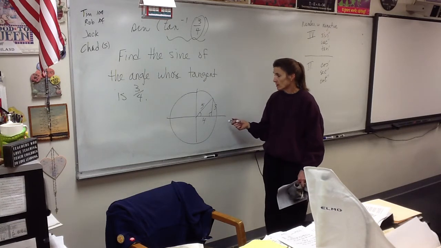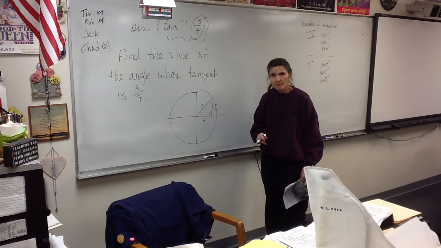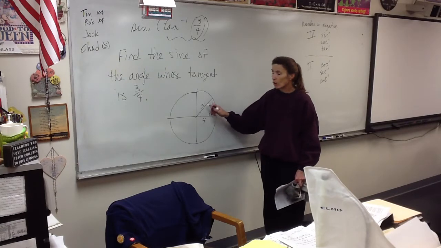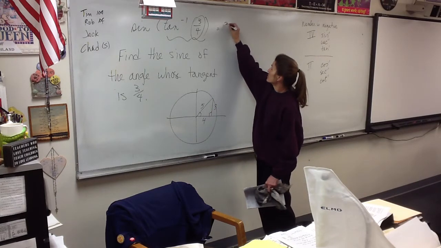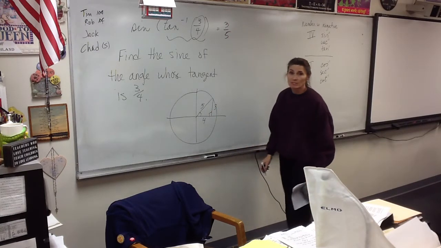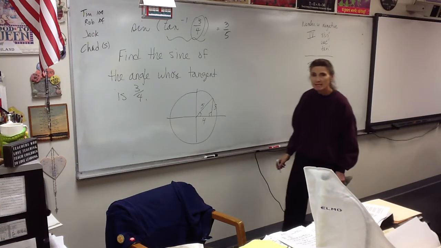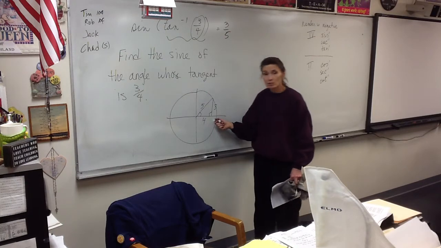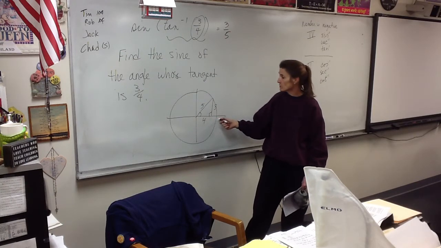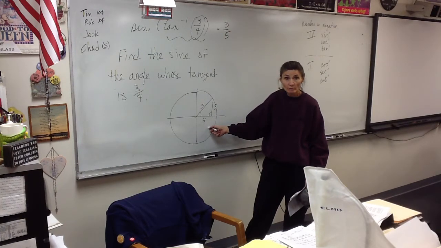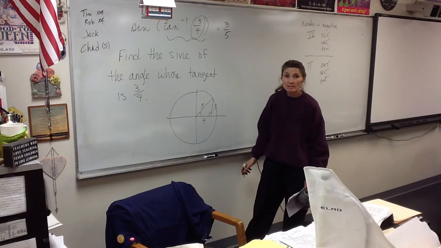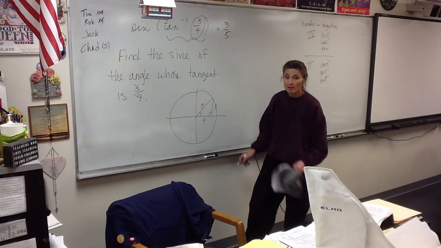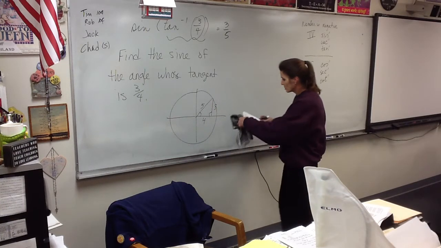Well, look there. Here's the angle. What's the sine? Opposite over hypotenuse. The answer is simply 3/5. See how easy that is? You found the sine of the angle whose tangent is 3/4. The first thing we did was draw the angle, and then we found its sine, opposite over hypotenuse. Let's try the next one.